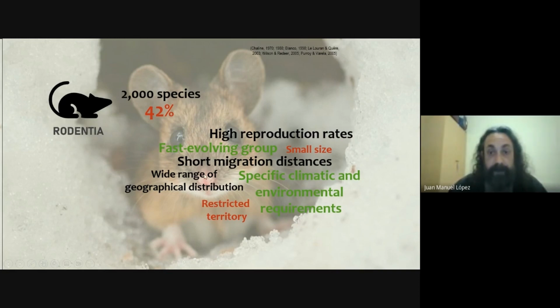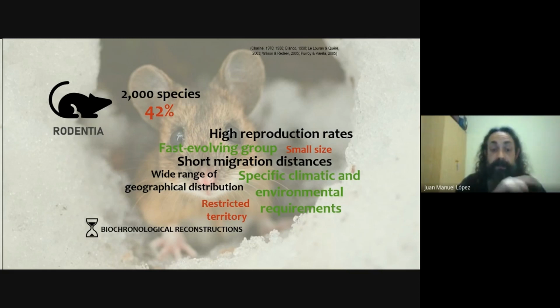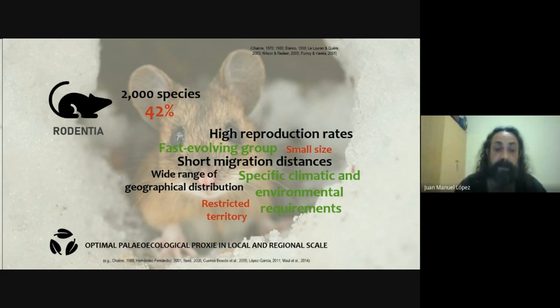Why are they important? Because, given the small size of this kind of animals, they evolve quickly because they are very sensitive to climate changes and to environmental changes, and it's important in some cases for biochronological reconstructions because we have a lot of different species during the Quaternary that change and evolve, and if we have the association, we can know more or less the chronology of the sites.